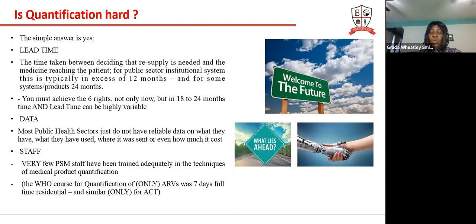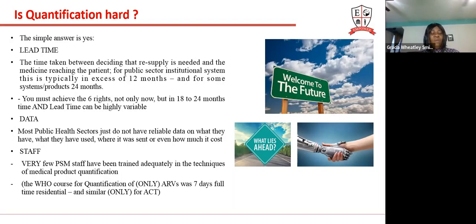Data, do we have the correct data? Most public health sectors do not have reliable data on which we can proceed. So what will we do? How much will it cost us? Do we have the data that we can extrapolate and calculate that? Do we have the staff to do the quantification?